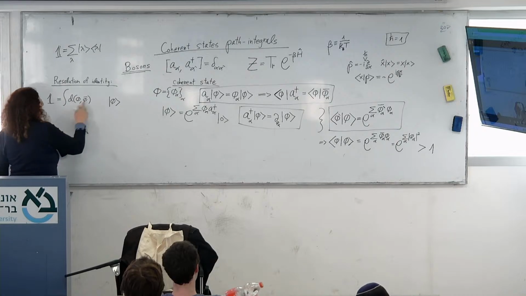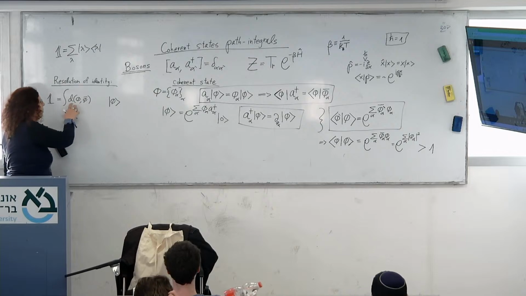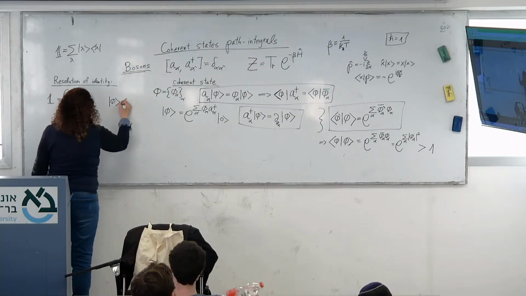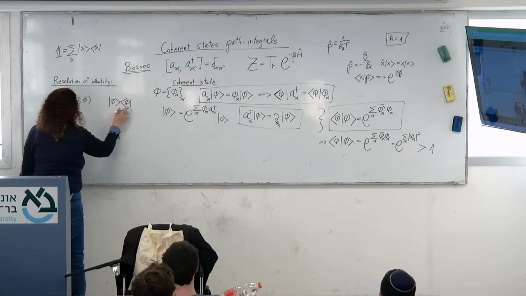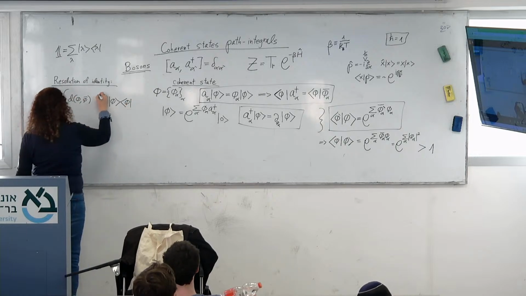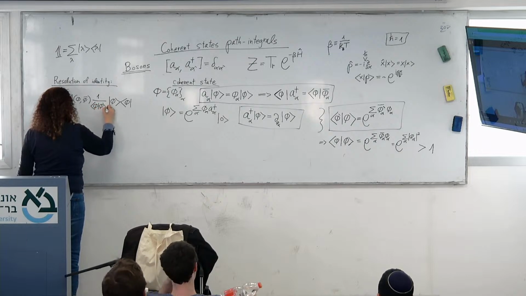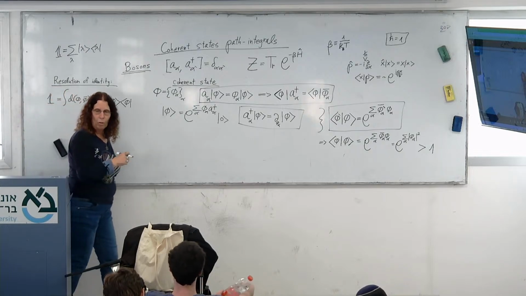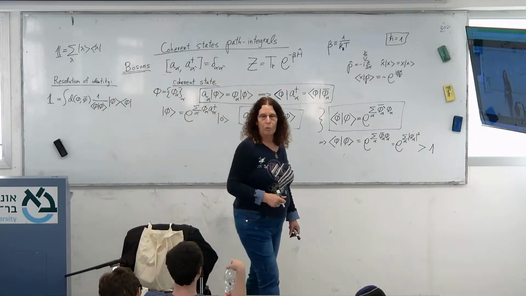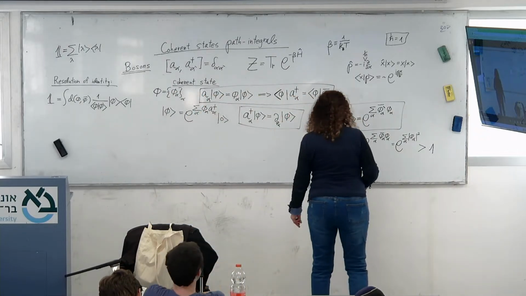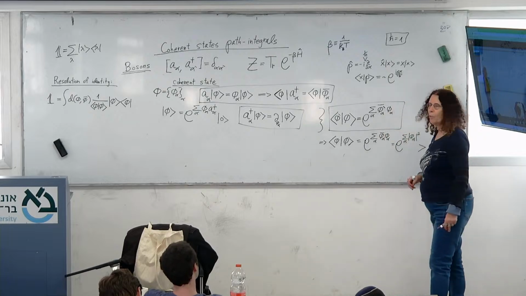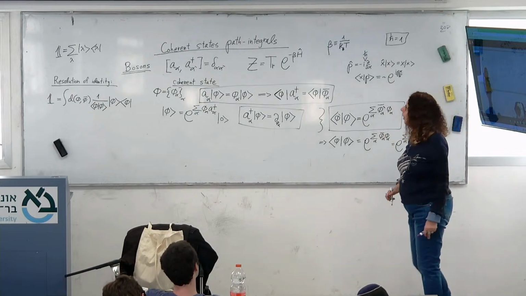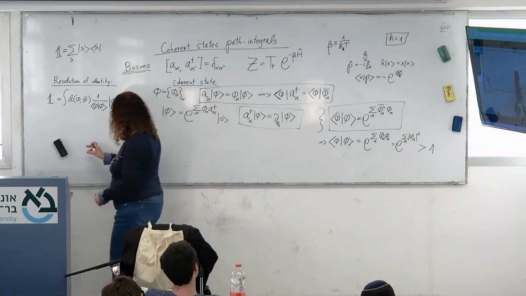Now, instead, except for the fact that we also have a multidimensional integral because they are continuous variables, you also need to multiply this projector by 1 over the overlap of phi with itself, which is not 1 or not normalizable, and in fact, it is just this exponential factor.